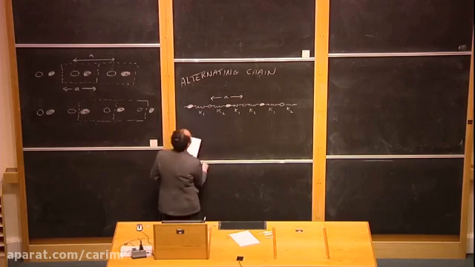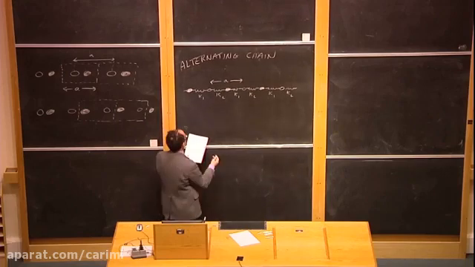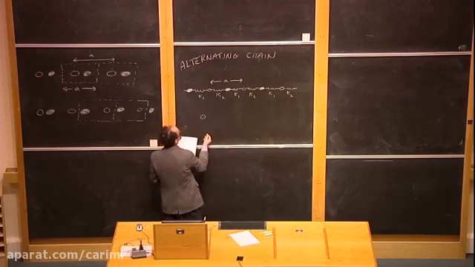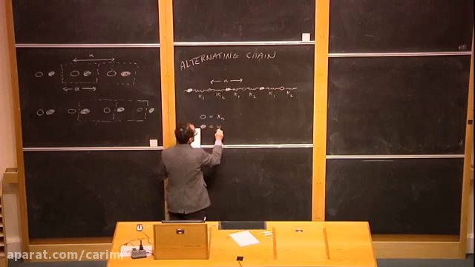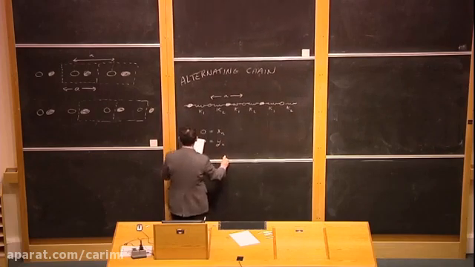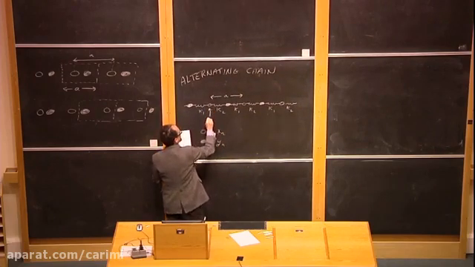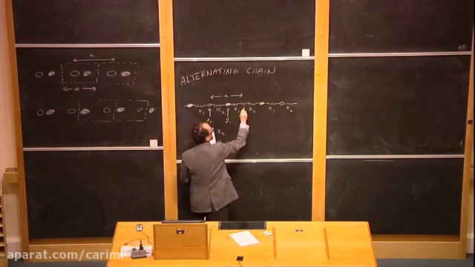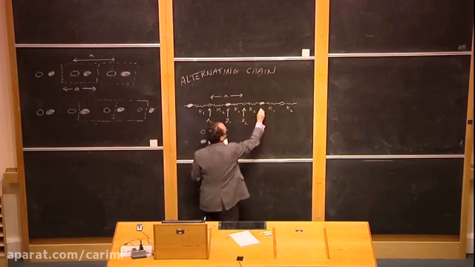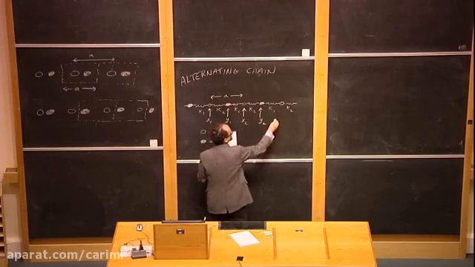So let's write down some coordinates. For example, let's let the light-colored atoms have positions xn, and the dark-colored atoms have position yn. So for example, let's let this one be x1, this one will be y1, this one will be x2, this one will be y2, and so forth.